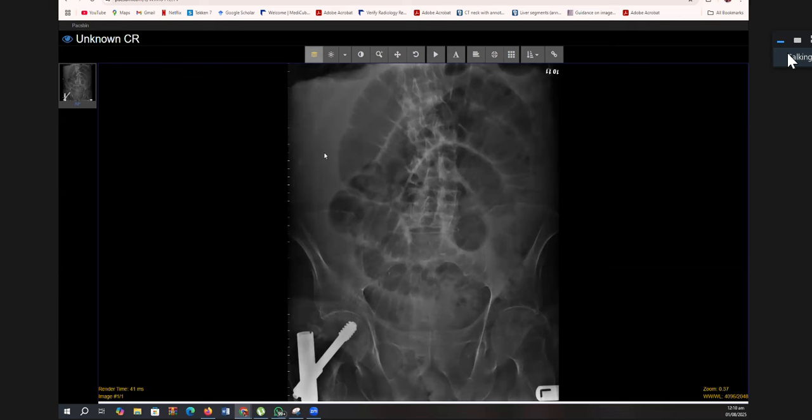This is an X-ray abdomen, frontal projection of a female, in which I can appreciate that small bowel loops are dilated, and I would now take a look at the rest of the bones and soft tissues. So there is small bowel dilatation, and I am suspecting small bowel obstruction as she's vomiting.